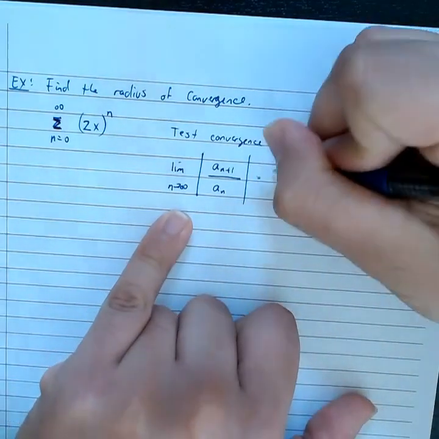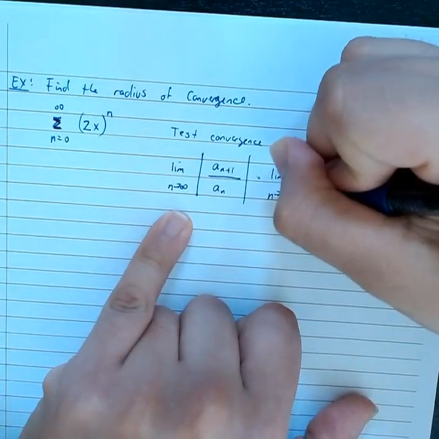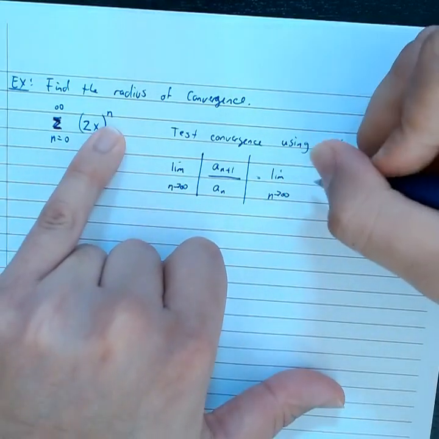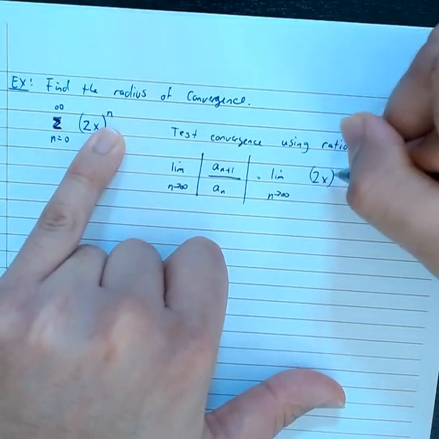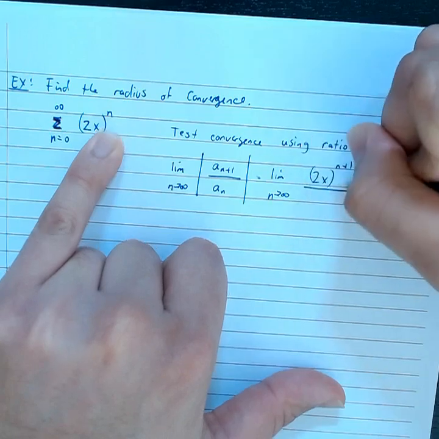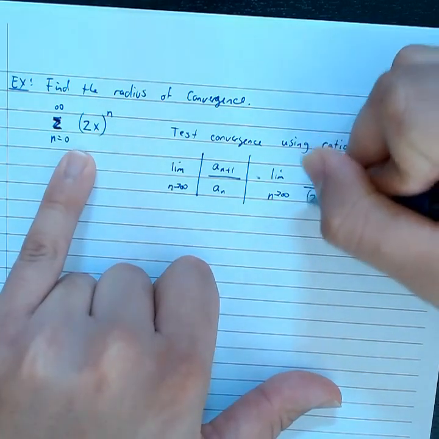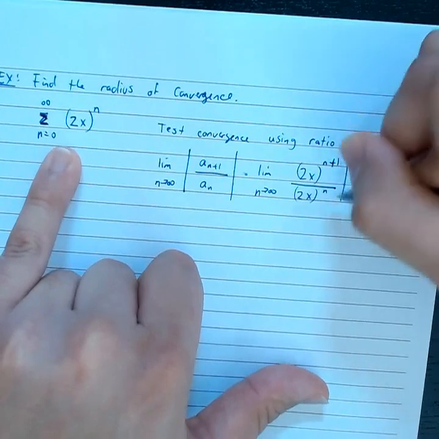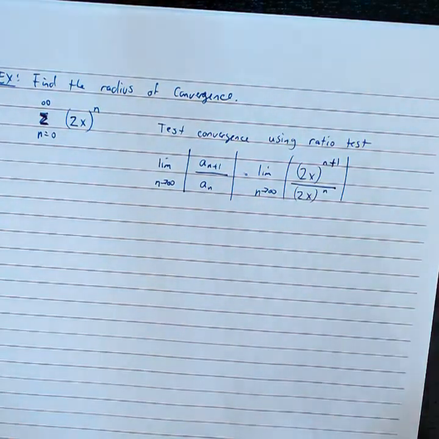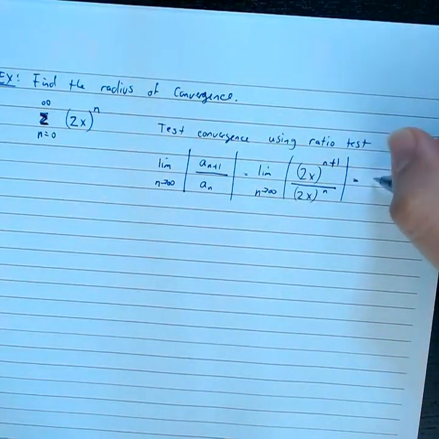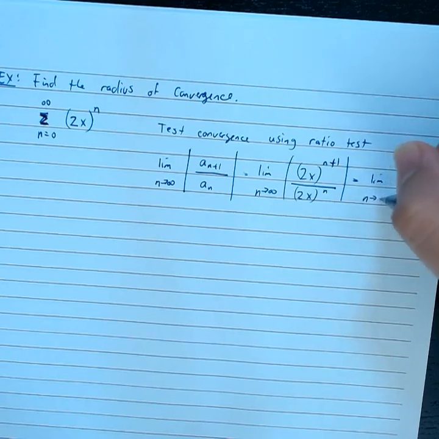Okay, well, that's going to equal the limit as n approaches infinity of, here I'm going to have n plus 1, over, here I'm just going to have power n, like that. Okay. Well, now that's going to give me, let's see, limit as n approaches infinity.